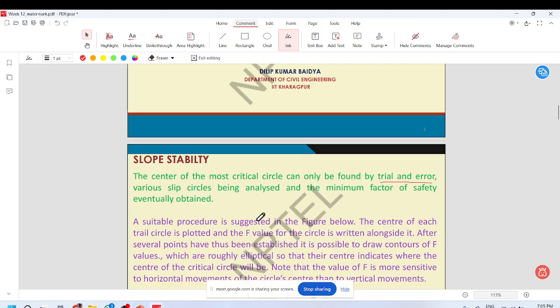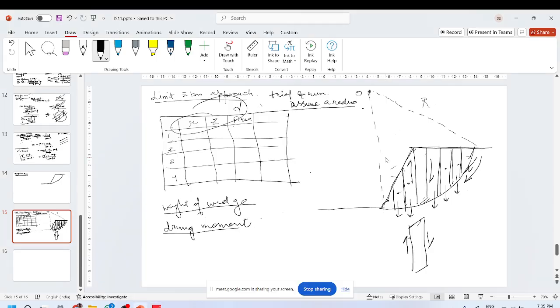So as I said, what we want is the radius of the slip circle and the center of this slip circle, and we can find n number of factors of safety.